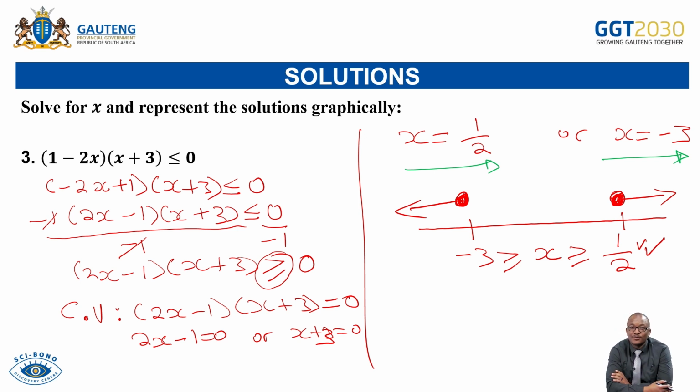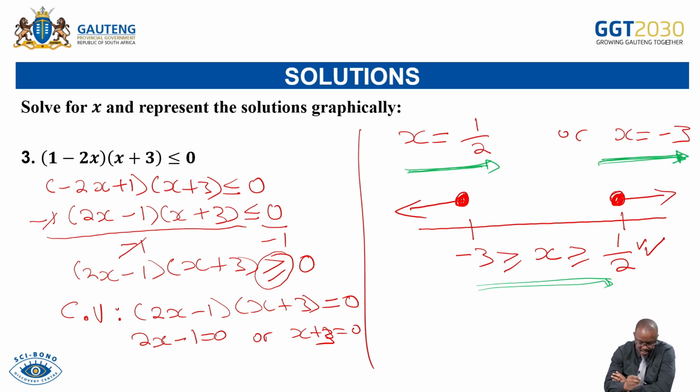You haven't answered the question. Let's avoid leaving our answers like this, or leaving the critical values and claiming that those are our answers. Those are not the answers. The answer must be in an inequality form. So I hope that it was clear.